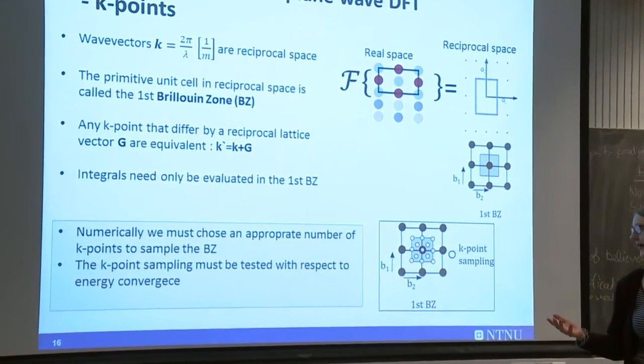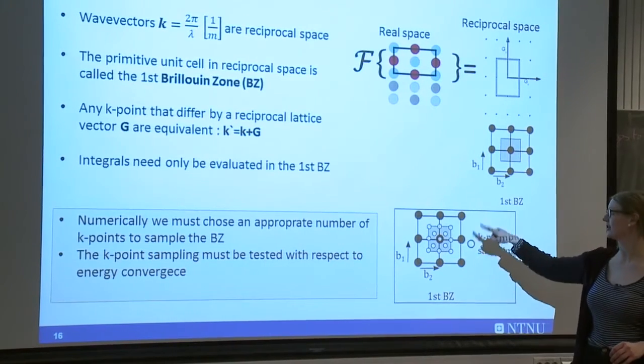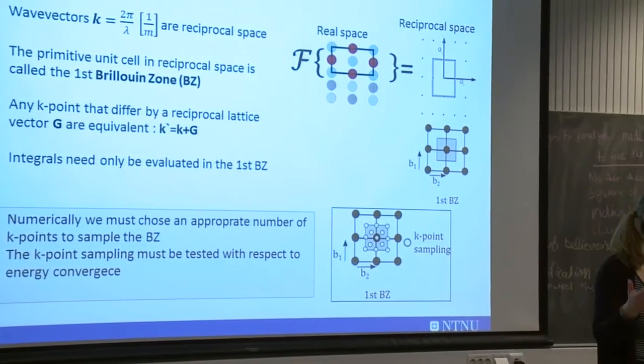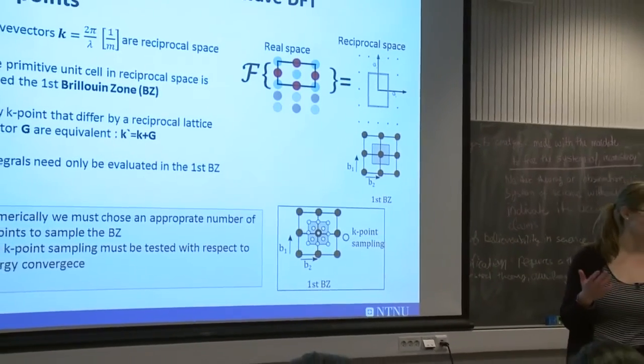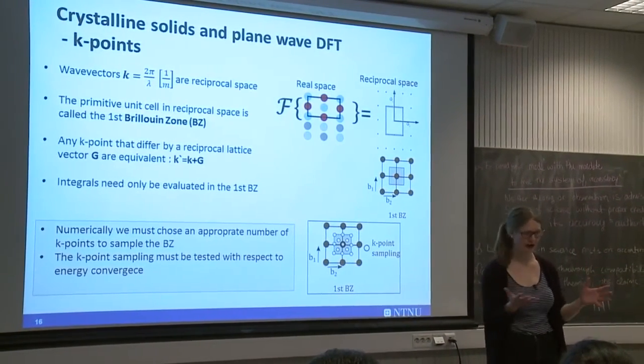So this is where the K points come in, because numerically, you can't do integrations. You have to do summations, right? So that's what you do. You just sample your Brillouin zone. You put in some K points here, and then you evaluate your integrals by summing up over these points somehow.